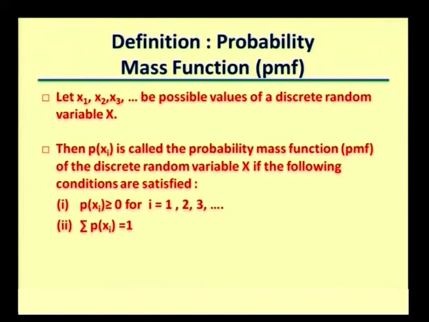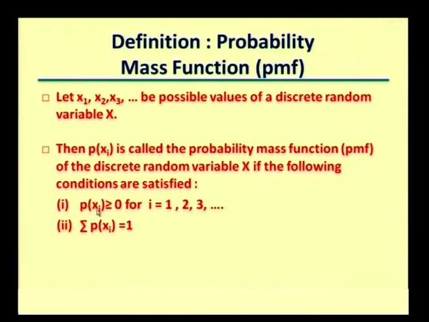So x1, x2, x3, etc. are the possible values of a discrete random variable x. Then P(xi) is called the probability mass function of the discrete random variable x if the following conditions are satisfied. Basically, the probability mass function is a function of the probability.